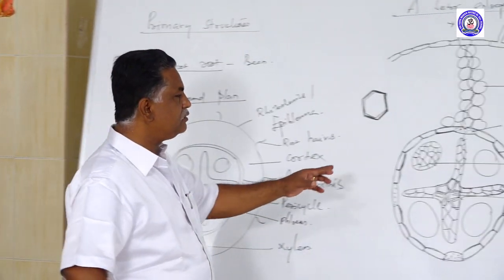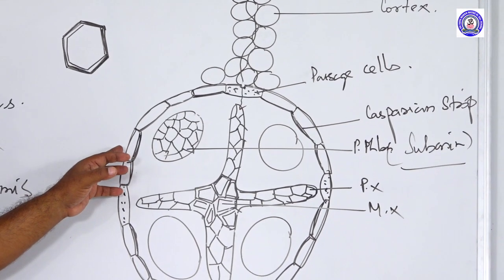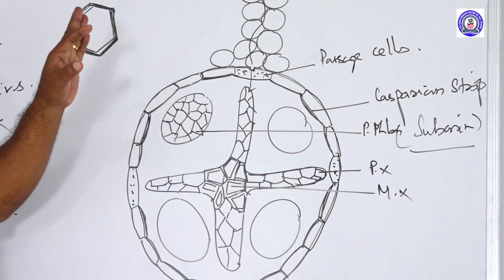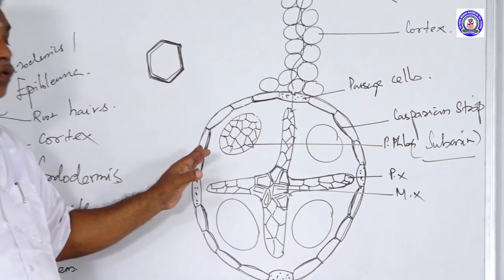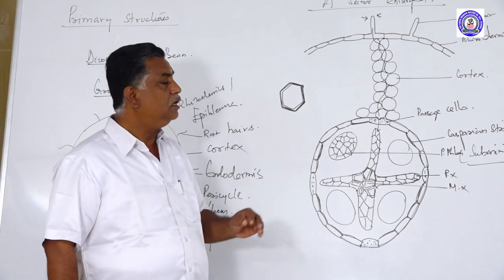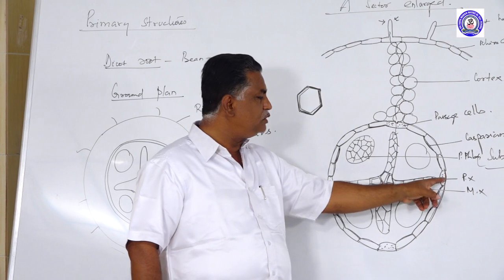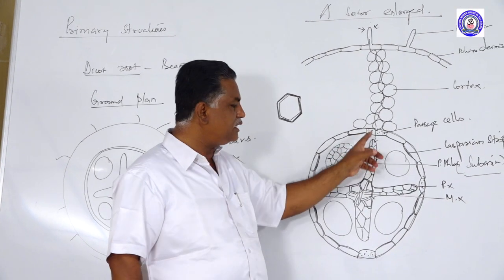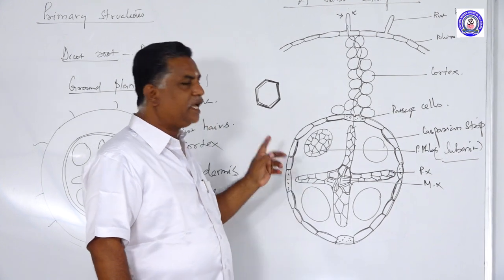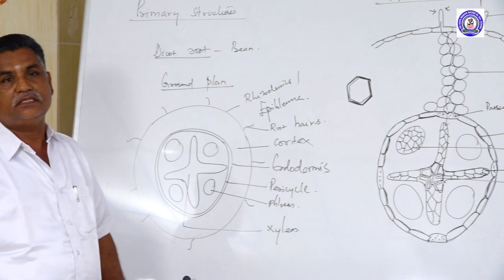In the radial and transverse walls, there is a band-like structure called the Casparian strip. Its function is that it does not allow the water to re-enter into the cortex, and the endodermal cells opposite to the protoxylem points are thin-walled without Casparian strips. You see 4 points without Casparian strips. These are called passage cells.